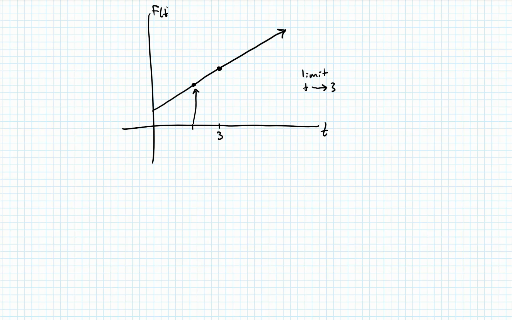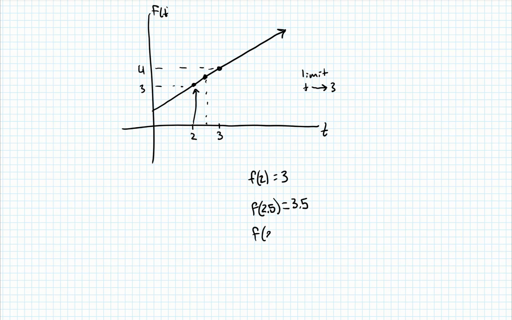So say at 2 it has a value of 3. So f of 2 equals 3. Or maybe f of 2.5, we'll see, is equal to 3.5.